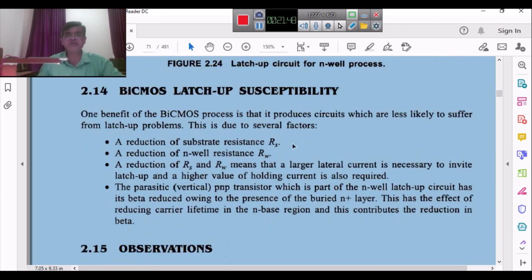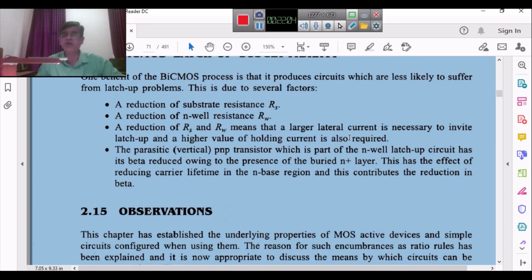But in case of BiCMOS, again the N-well resistance and substrate resistance we reduce. But we have one more thing, a larger lateral current is needed to invite latchup, and a higher holding value.